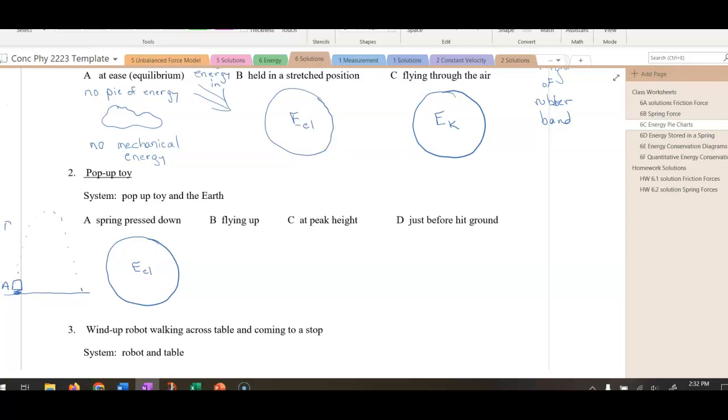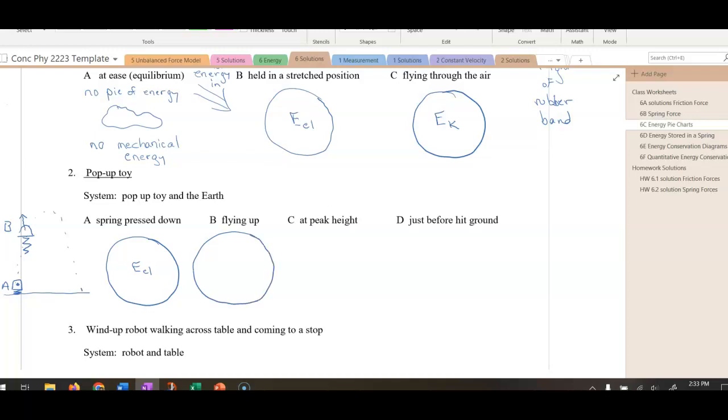At B, we're going to see the toy as it's moving up in the air. The spring is not compressed anymore, it's relaxed, but the toy is moving. Here it's not moving. Okay, and it's higher, right? It's not on the ground anymore, it is higher.